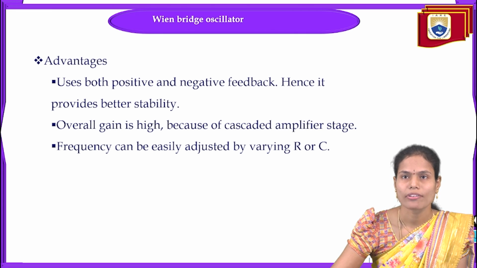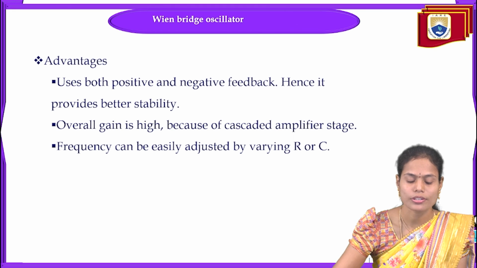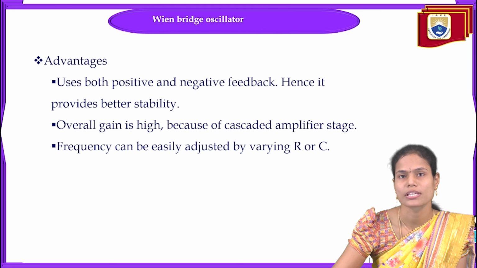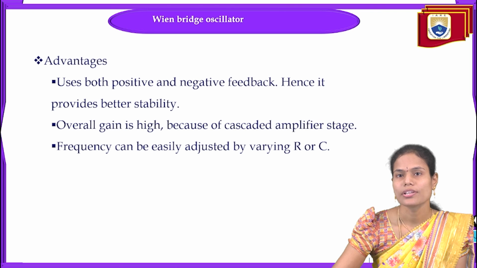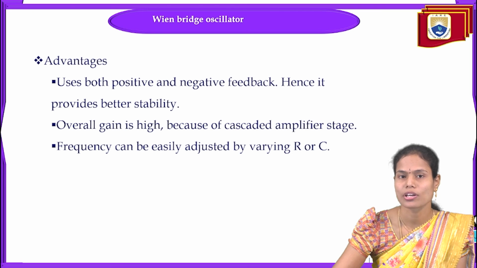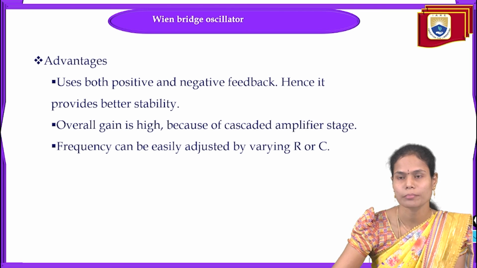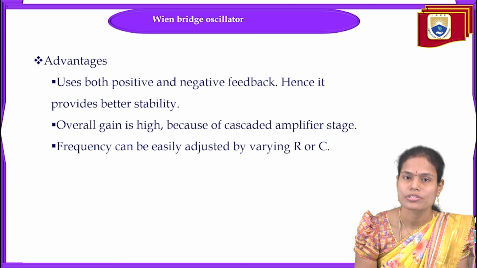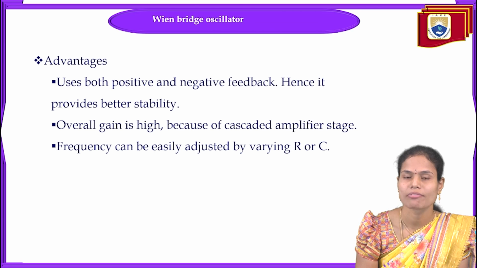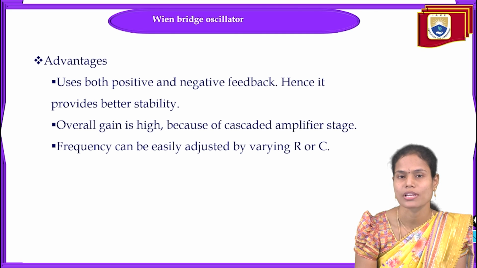So while coming to the advantages of this Wein bridge oscillator, it uses both the positive as well as negative feedback so that it can provide better gain as well as better stability of the signal. And overall gain is high because of cascading of 2 stages of amplifiers here. The frequency of oscillations we can easily vary by varying the values of resistances as well as capacitances in the bridge network.